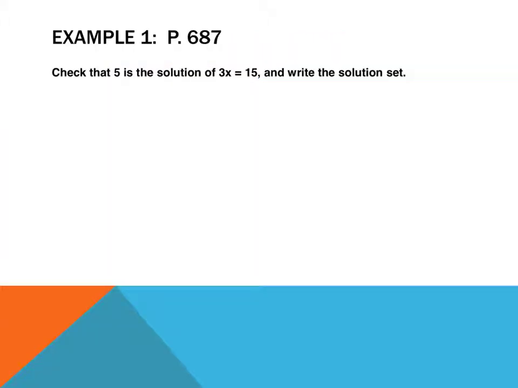Okay, so now we'll start with looking at the examples in our textbook. Example 1 is on page 687. Check that 5 is the solution to 3x equals 15 and write the solution set. So to check that, I'll take my equation 3x equals 15, but I'll substitute 5 for x. So 3 times 5 equals 15.